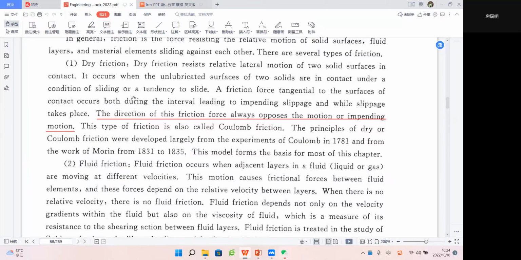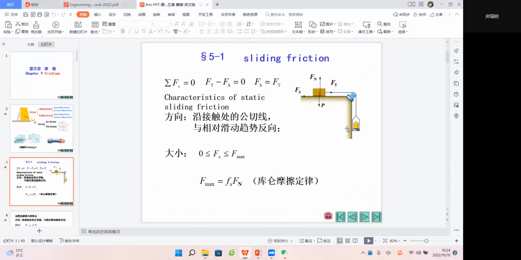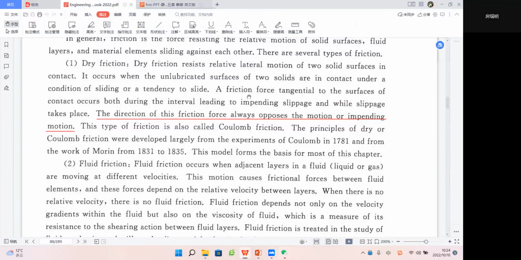Actually, it is not sliding, but it has a big tendency to slide, as in the figure, because of the weight of this box, it has the tendency to move along the positive direction of x, right? So a friction force tangential to the surface of contact occurs, both supporting the interval leading to impending slippage and while slippage takes place.